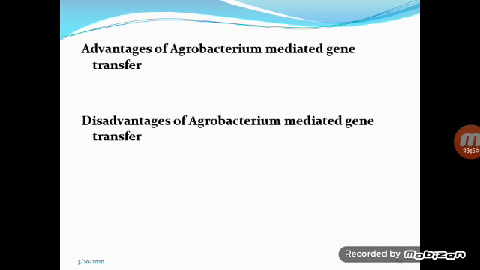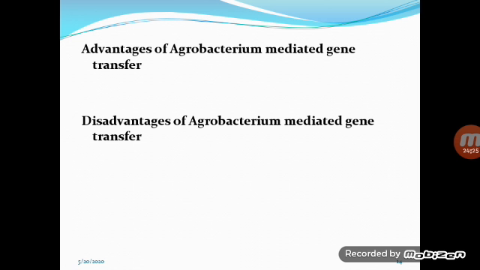Next are the advantages and disadvantages of plant transformation through Agrobacterium, or we say Agrobacterium mediated transformation. Transgenes can be introduced into the plant by various direct and indirect methods. Agrobacterium mediated gene transfer is the most frequently used indirect method. So it has many advantages.